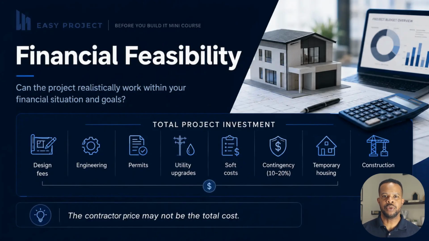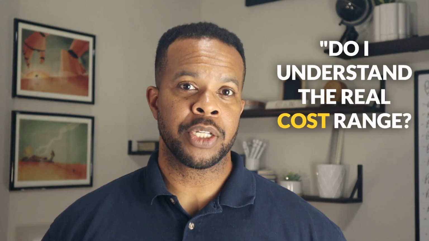That may include design fees, engineering, permits, utility upgrades, soft costs, contingency, temporary housing, financing costs, owner purchased items, and construction. A lot of owners only think about the contractor's price, but the contractor's price may not be the total cost. So financial feasibility asks, do I understand the real cost range?